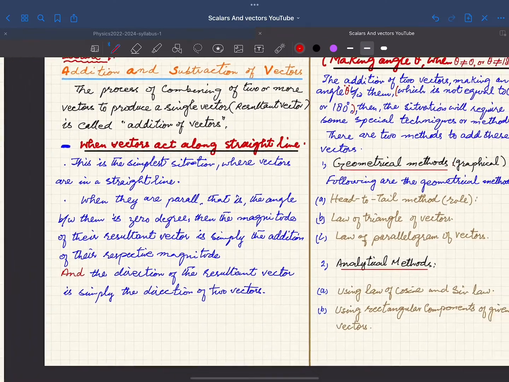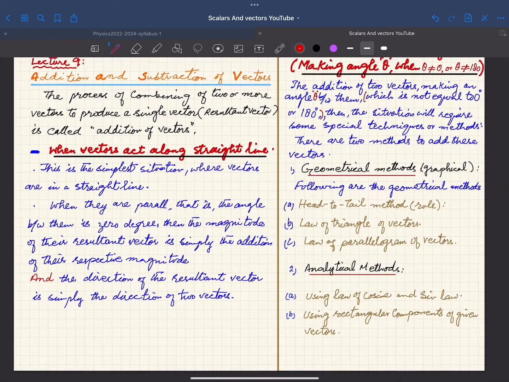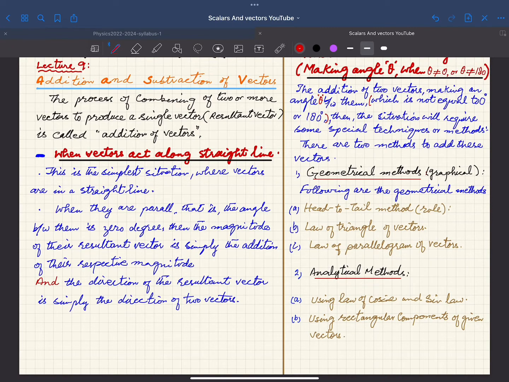What we are doing here is getting a resultant vector, or resultant effect, of two vectors. Like if you have two forces and you want to know the final effect of these two forces on a body, then you need a process of combining the two forces, and that process is termed the addition of vectors.